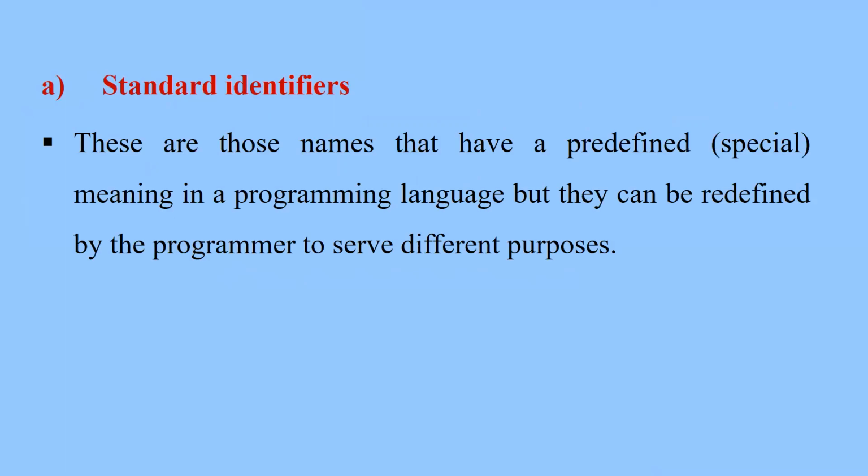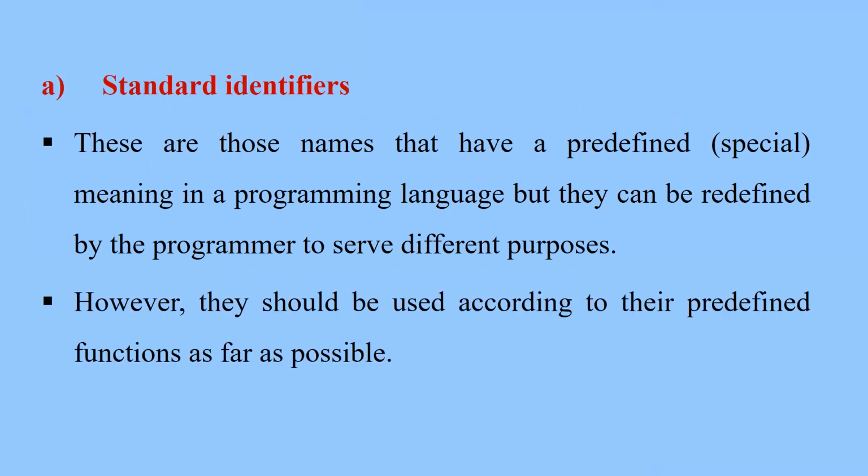What are they? The standard identifiers are those names that have a predefined or special meaning in a programming language, but they can be redefined by the programmer to serve different purposes. However, they should be used according to their predefined functions as far as possible.